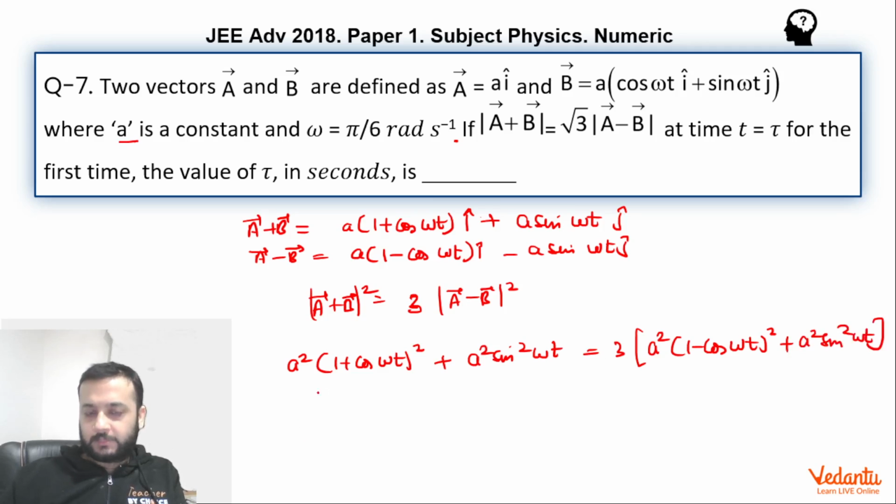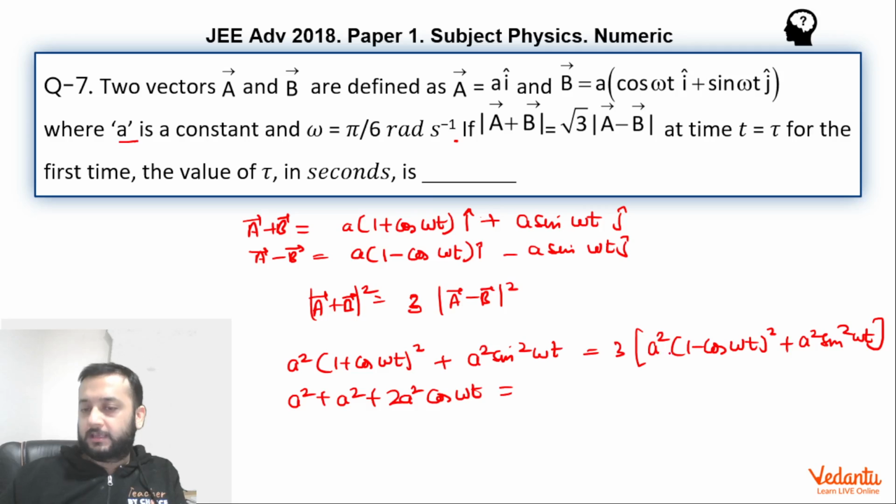Now if you open this bracket, you are going to get A square plus A square cos square omega t, and A square sin square omega t, which together become A square, and 2 cos omega t multiplied by A square becomes 2A square cos omega t.